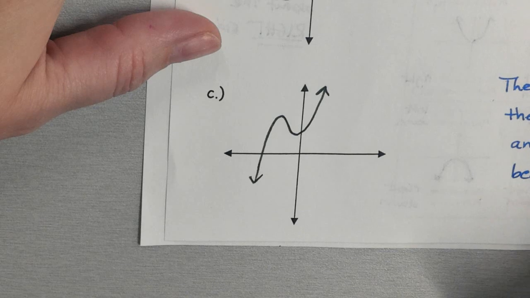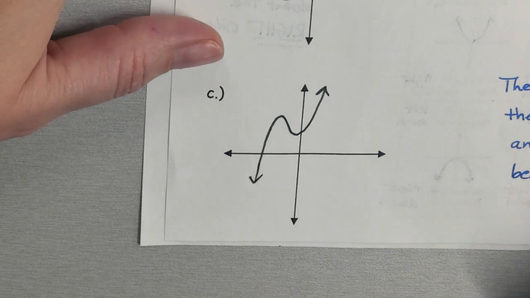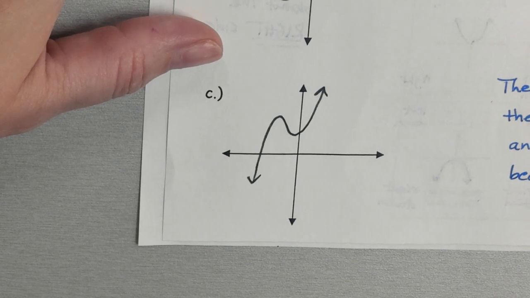All right, Jackson, can you tell me what you know about the degree? Yeah, tell me why. Good, okay, so the function has an odd degree because the ends are going in opposite directions. And then Connor C, what do we know about the leading coefficient? It's what?